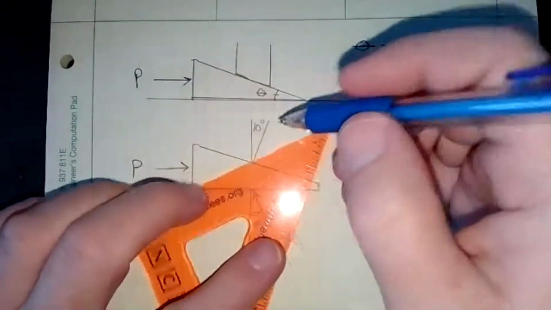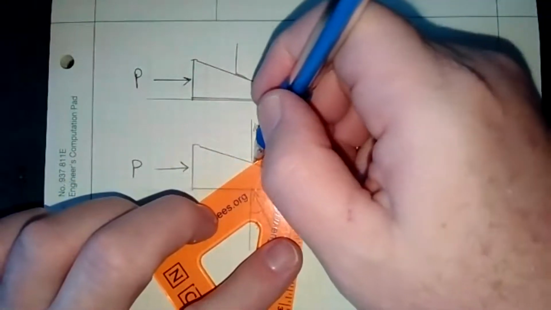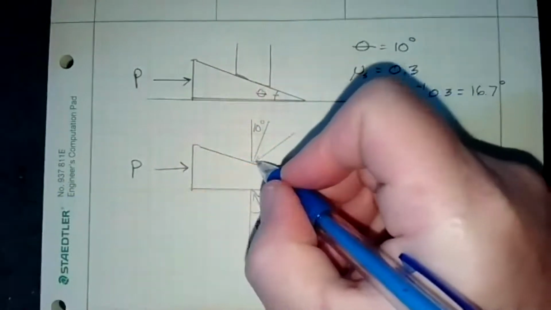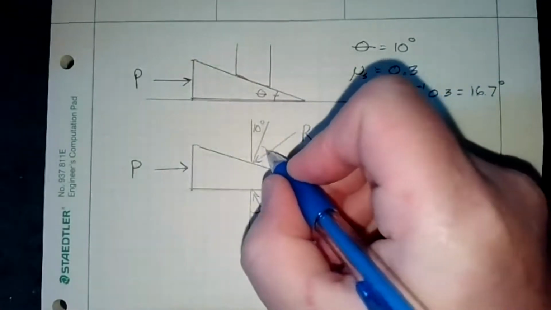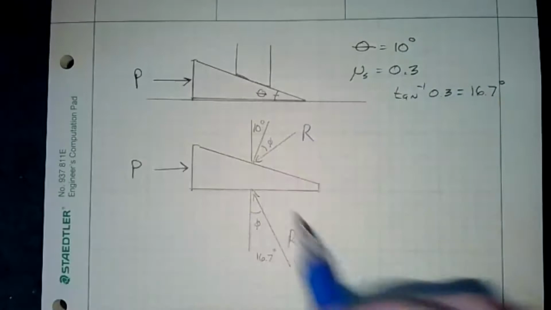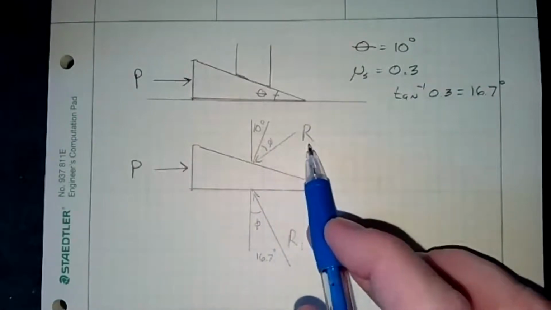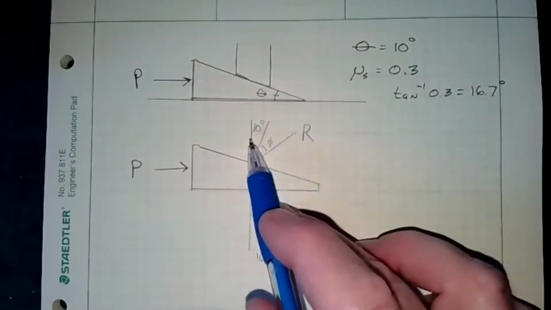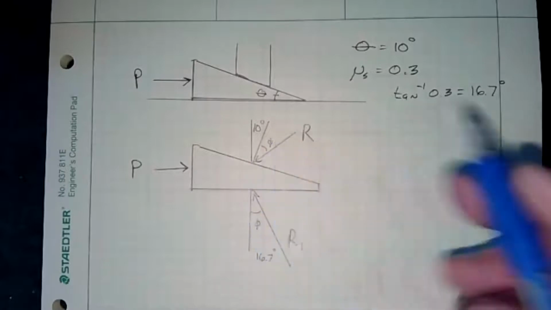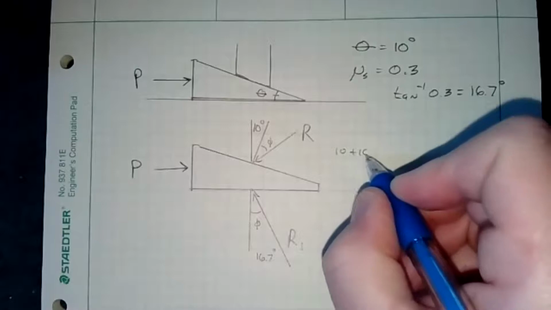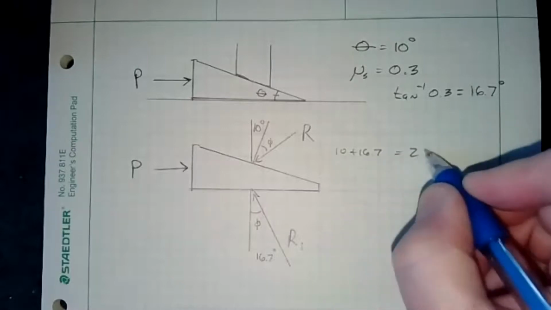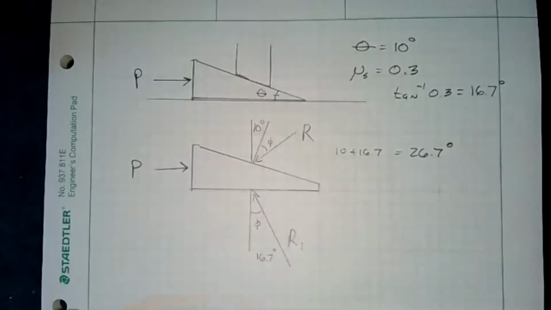Now we add to that the R, and this represents phi. So because we have the wedge now, the total angle between the resultant R and the vertical is 10 plus 16.7, or 26.7 degrees.